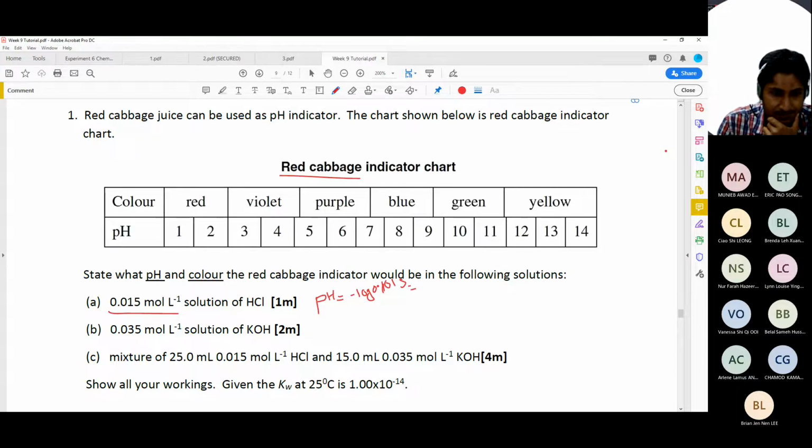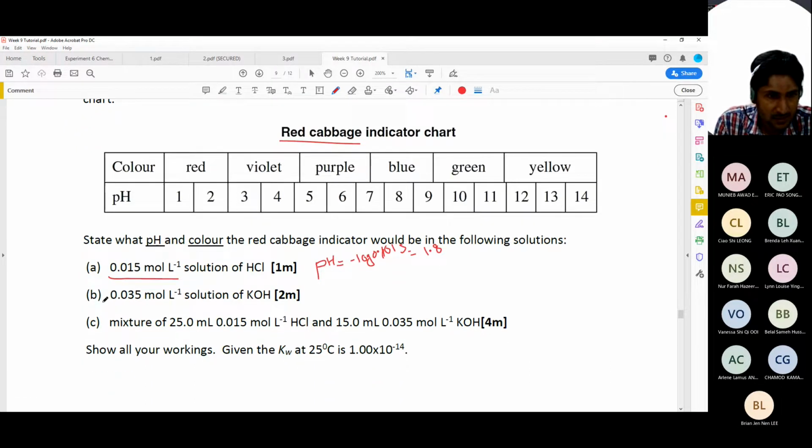Negative log of 0.02 is around 1.8. It is 1.8 something, so it will become red, right? In this solution, if I use in my test tube a 0.015 molar solution of HCl, and I put red cabbage juice inside, it will turn red.